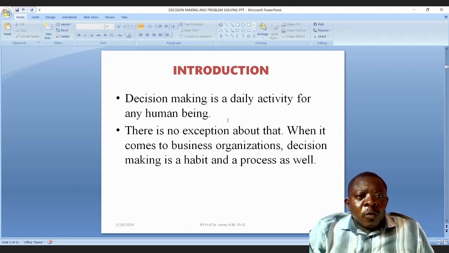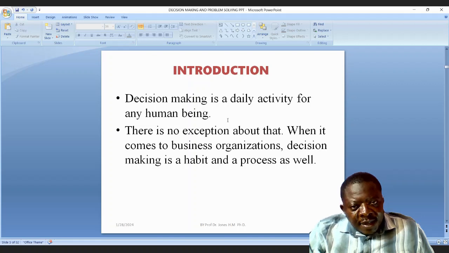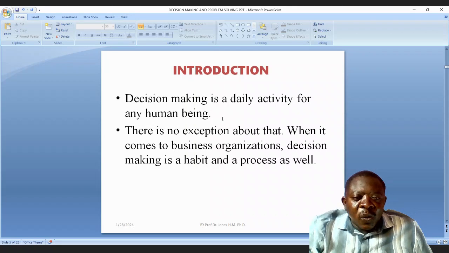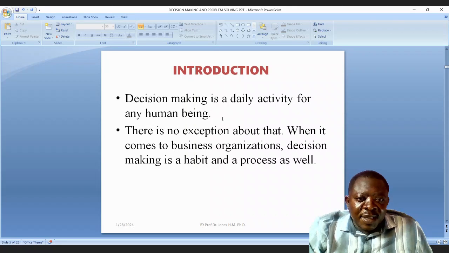To begin this lesson, we can say decision making is a daily activity for any human being. Each and every time that we live on this earth, we make different decisions. There is no exception about one living a life without making decisions. Each and every challenge, each step that we face in life, you have to make a decision.